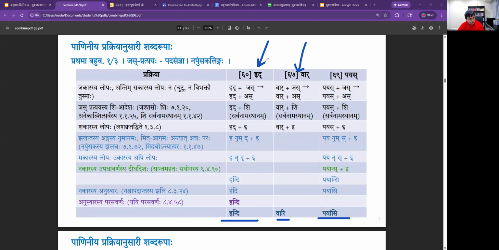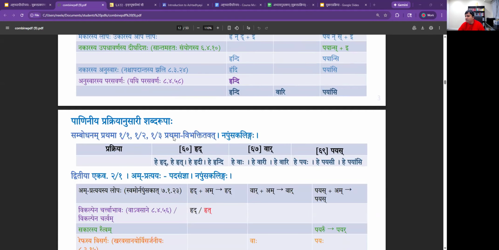Rud: yes for numagama, no for upadhadirgha. And payas: yes for numagama, yes for upadhadirgha. So a very beautiful comparison. And finally, even for that numagama, we have anuswarasya yayi parasavarna acting in one case and not acting in another case. So this chart shows precise differences between the three words and what happens in one word which does not happen in the other.